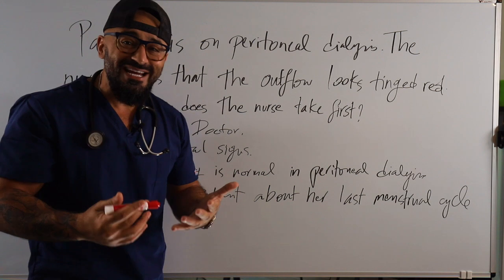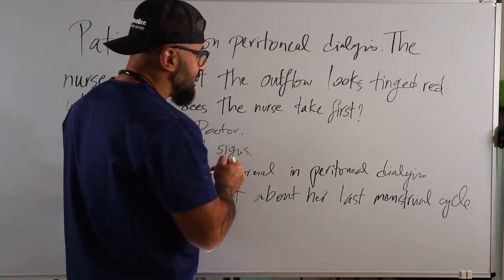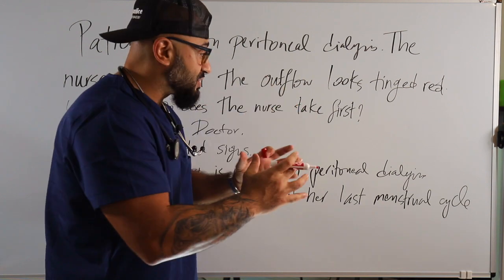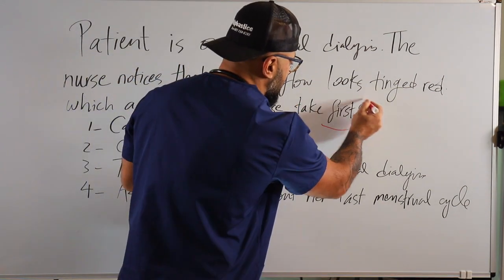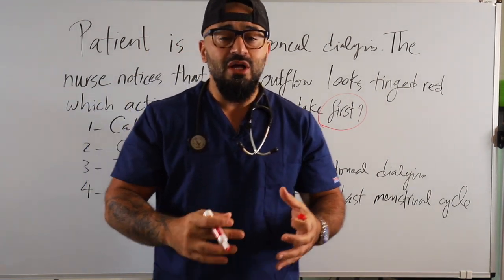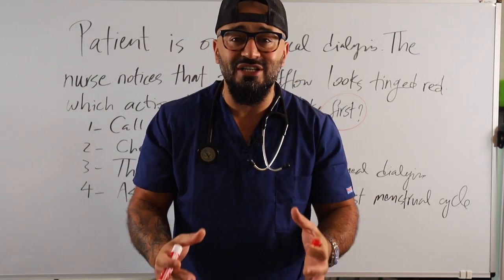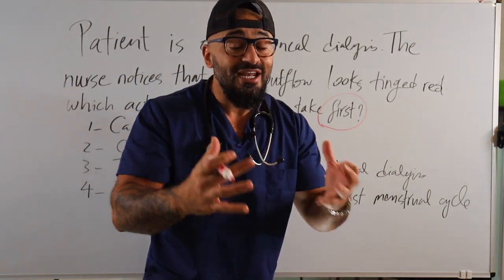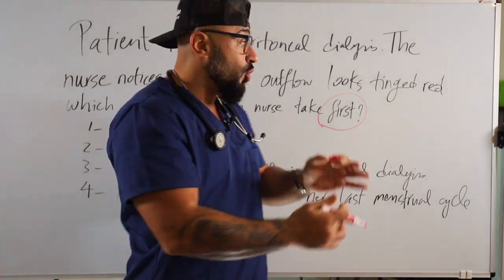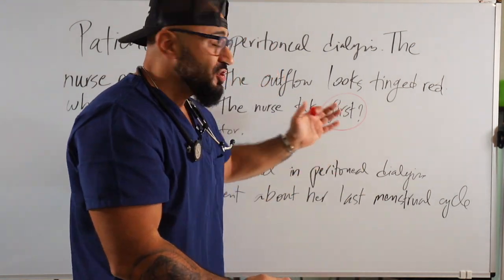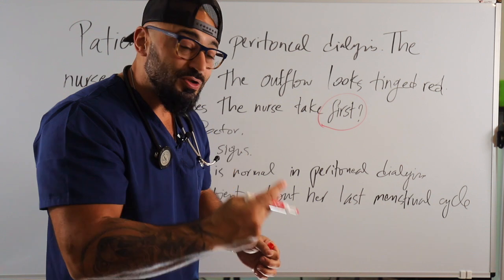The first thing I notice on this question, the second time I'm going to read it, I'm going to highlight keywords. But the first thing I notice is the word first. When it comes to the word first, immediately you've got to know that this is a prioritization question. If you're one of my students and you know the 15 NCLEX strategies that you use with NCLEX questions to pass at 75, then you know for prioritization questions there are 2 strategies.